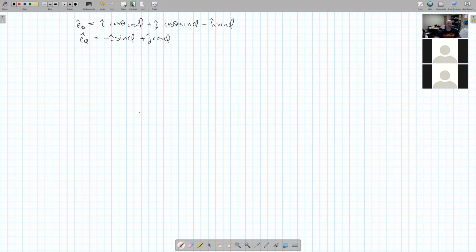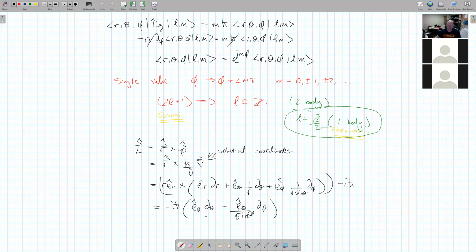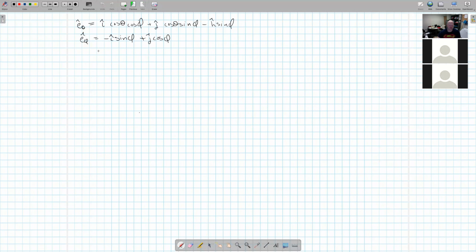By using these, we're going to plug them back into these and combine like terms, and then put this into Cartesian coordinates.